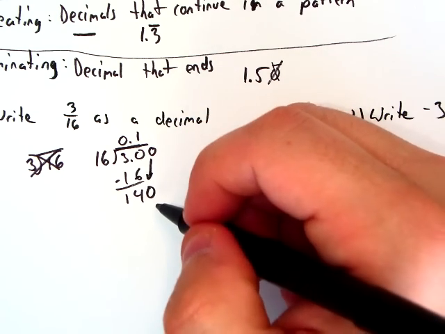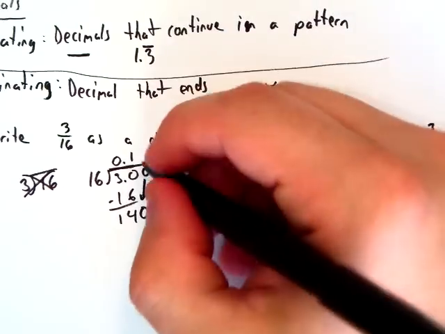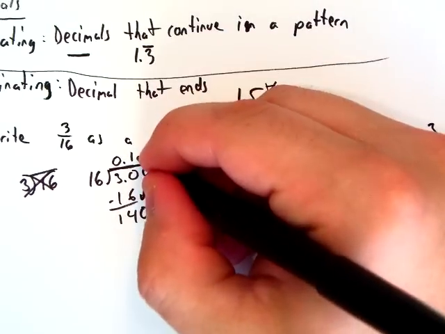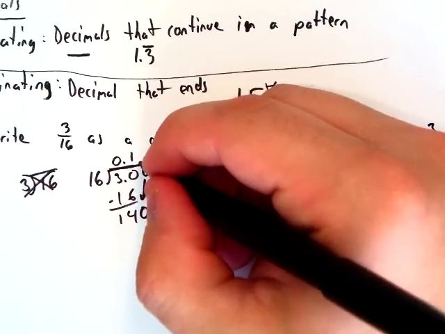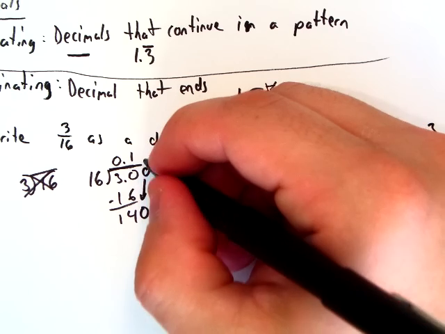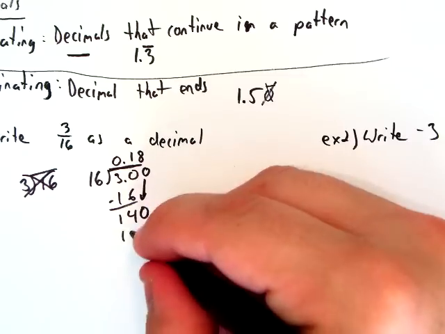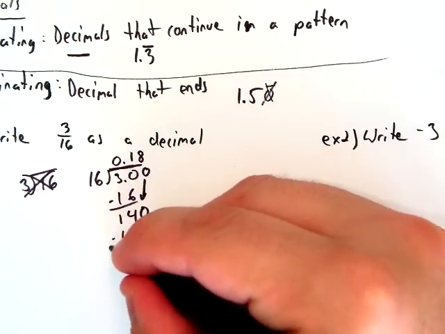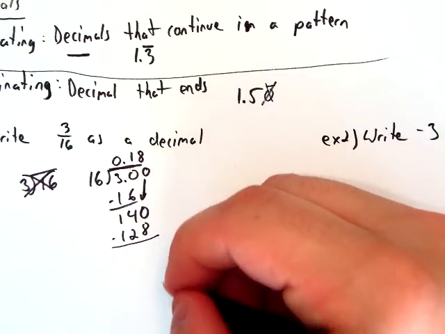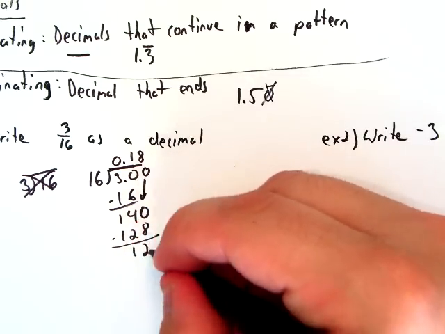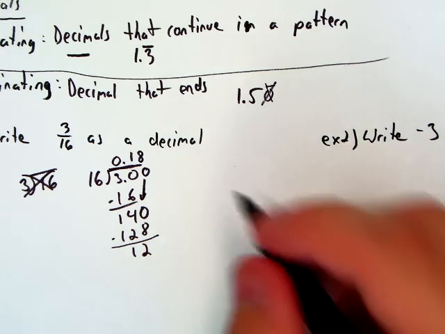Now 16 goes into 140 eight times? 8 times 16 is 128. Subtract, we get 12.